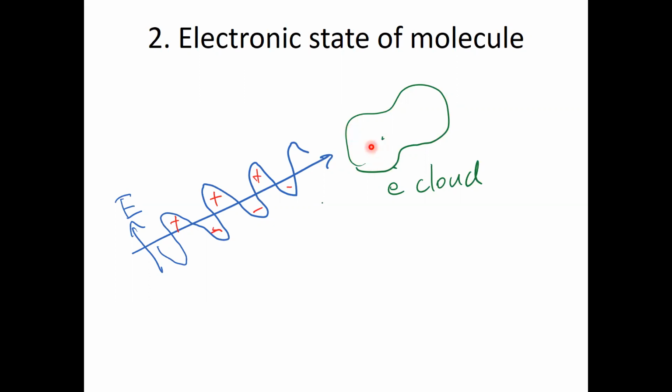Each molecule has an electron crowd, which is literally like a cloud of electrons.